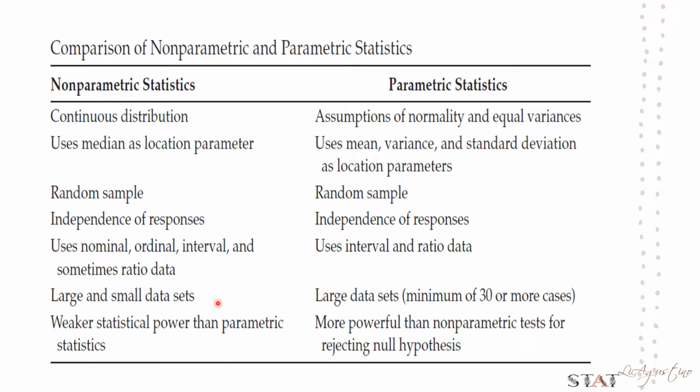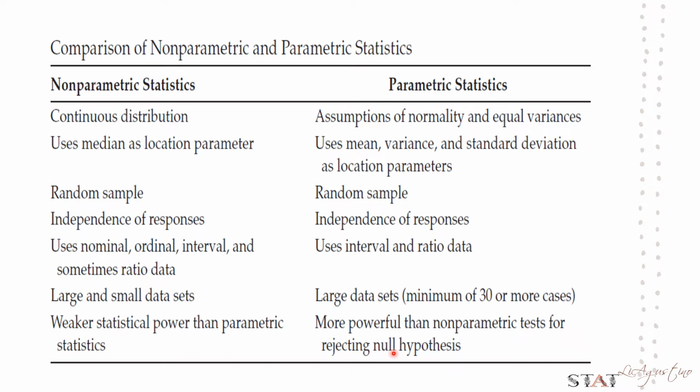And then for non-parametric tests, it's fine to have large and small data sets. However, in parametric statistics, they really need a large data set, a minimum of 30 or more cases. Whenever you have samples or data lower than that, usually they resort to non-parametric tests. Non-parametric statistics has weaker statistical power than parametric statistics.